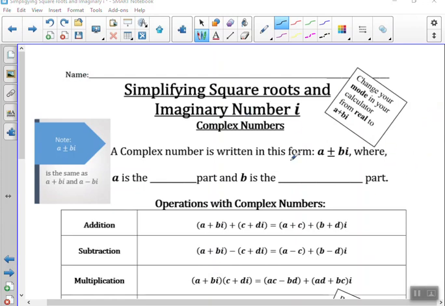The last part for today's lesson will be about complex numbers, okay? Complex numbers will always be written in the form a plus bi. You'll have the imaginary number i there, where a is the real part, meaning it'll be just a number, and bi is the imaginary part.